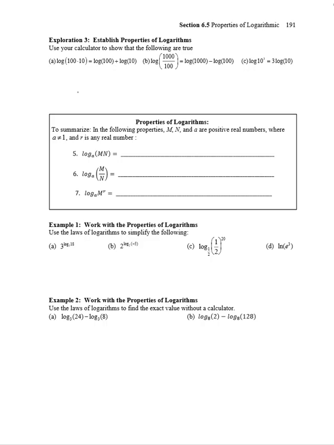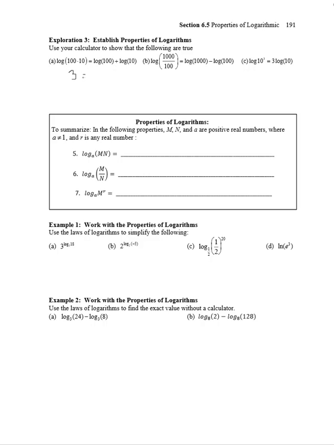So, here we have some more properties of logs. We're going to do a little exploration here. So, log of 100 times 10. If you put that in the calculator, you get 3.